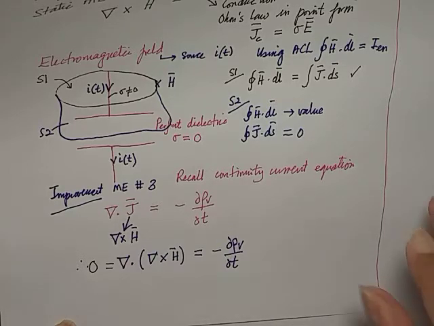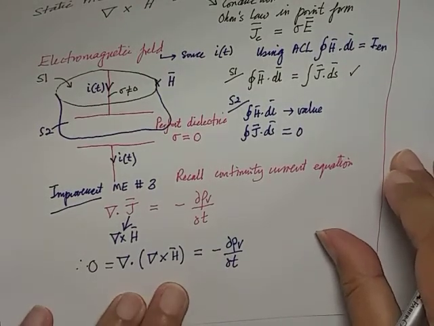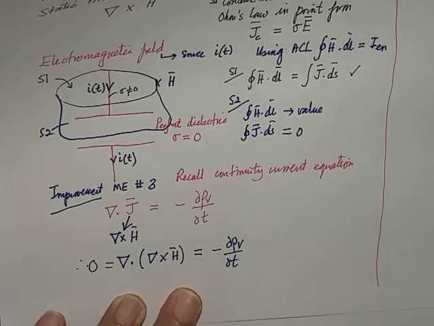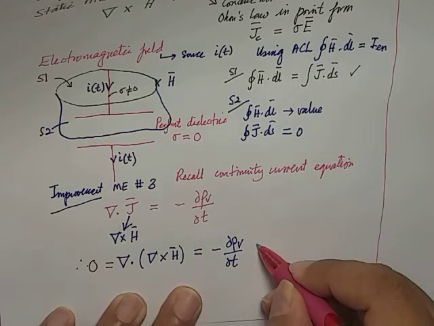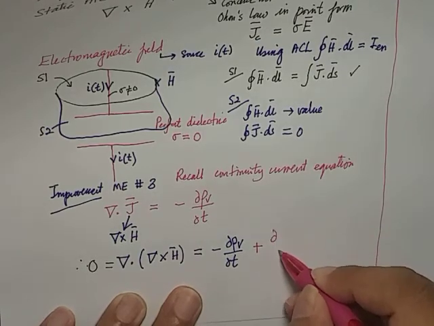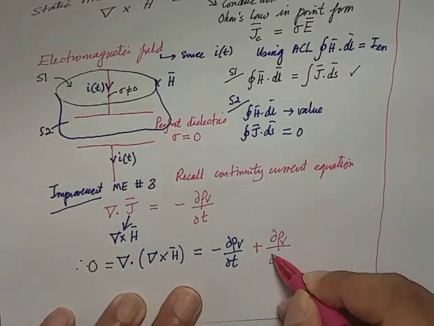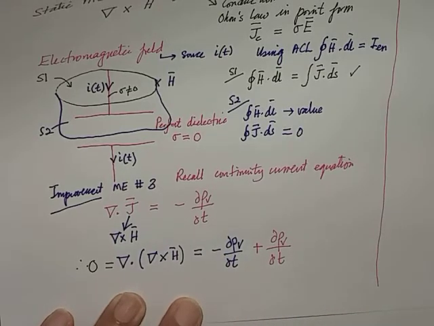So what do you think Maxwell did in order to rectify this error? Good. Maxwell added this term, d rho v over dt. So this is what Maxwell did.